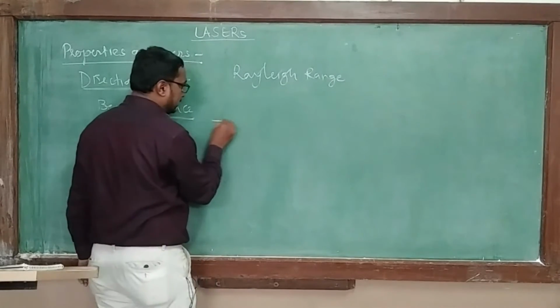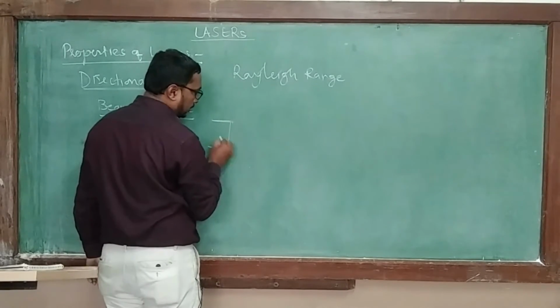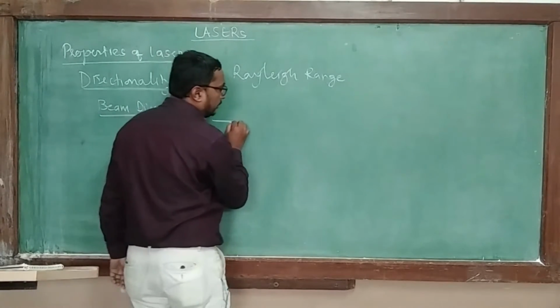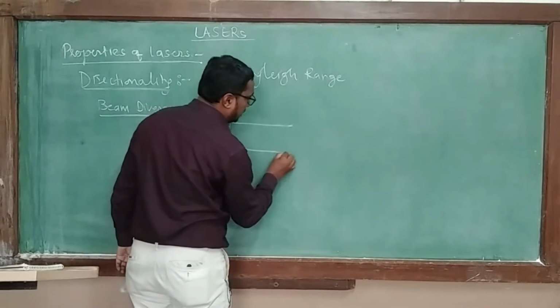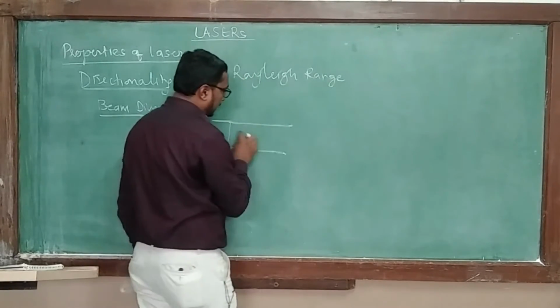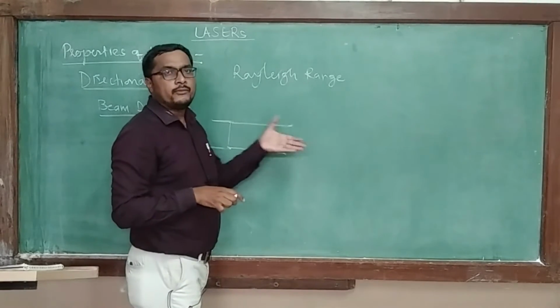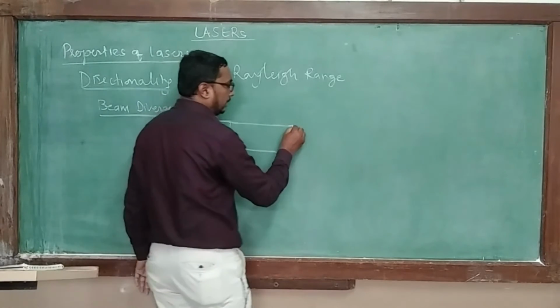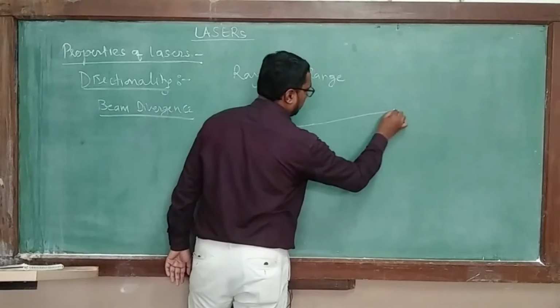Let us say this is the laser output mirror, and this laser beam is coming out of this laser window. Up to a certain distance the laser beam is almost parallel, and after that distance it starts diverging.